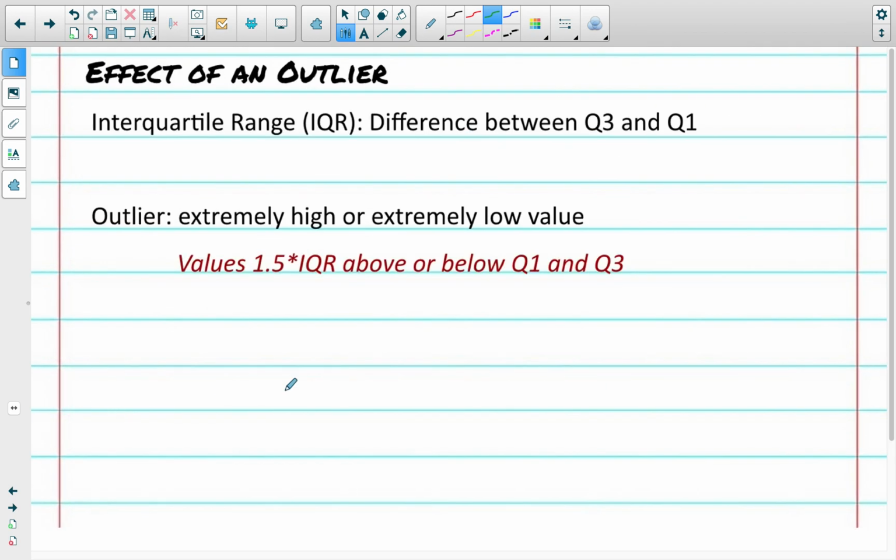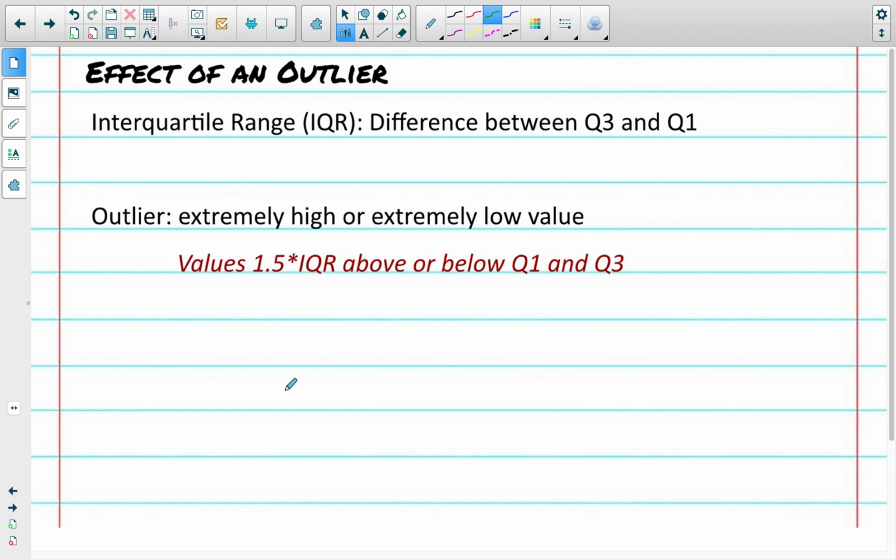Next, with the idea of position, is the effect of an outlier. Up until this point, we've given you the definition that an outlier is a really, really big or really, really small number because that is the easiest way to understand it when it's new. In general, though, there is a mathematical way to tell whether a number is an outlier, and it uses the interquartile range.